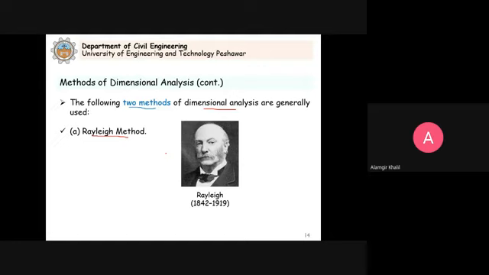Clear? Especially if the variables increase in quantity. For example, if we have 3 or 4, still we can solve. But if, for example, in any phenomena we have 7 variables, 10 variables, 20 variables, it becomes very difficult. You already saw this in the problem that we solved.